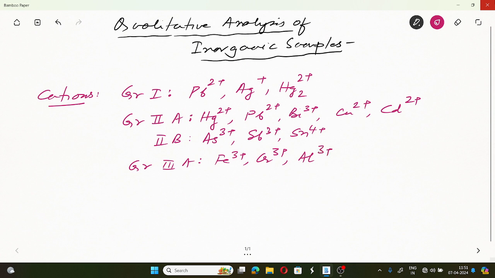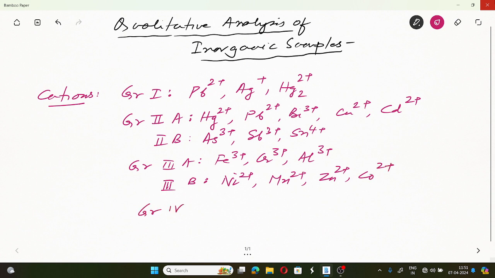Group 3B cations are equally important: nickel 2+, Mn2+, Zn2+, and Co2+. So these are the group 3B cations.